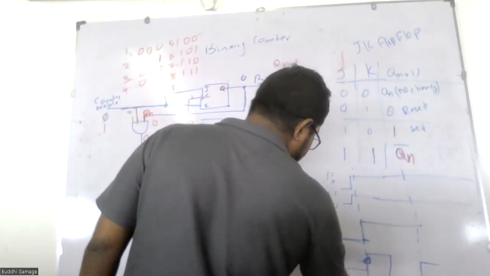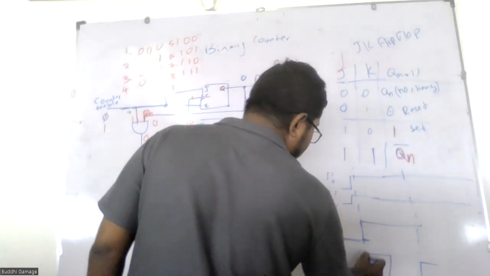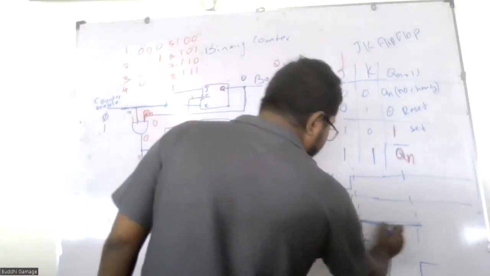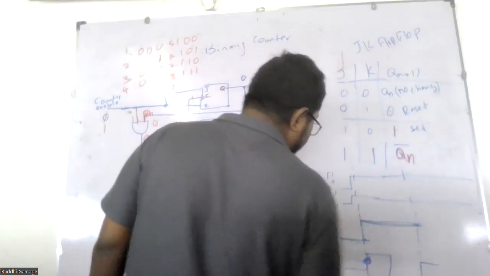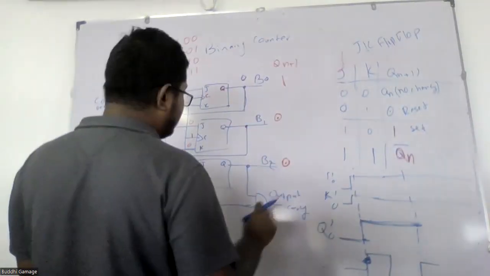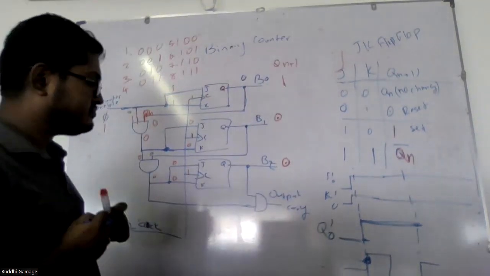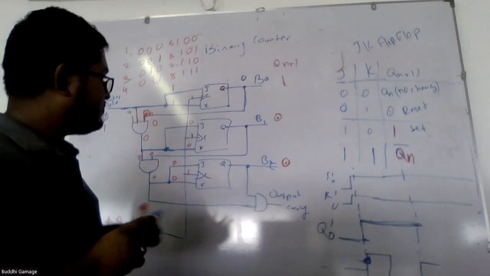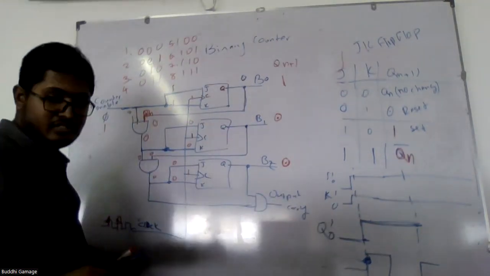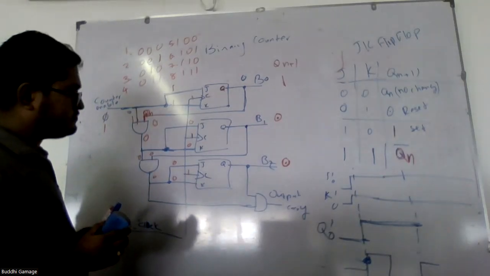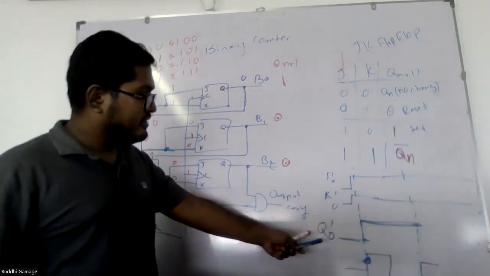So this is 0 and this is 1. So from here it will go to change, right? To here. For this particular period, the Q will be 1, right? And right. So Q will be 1.